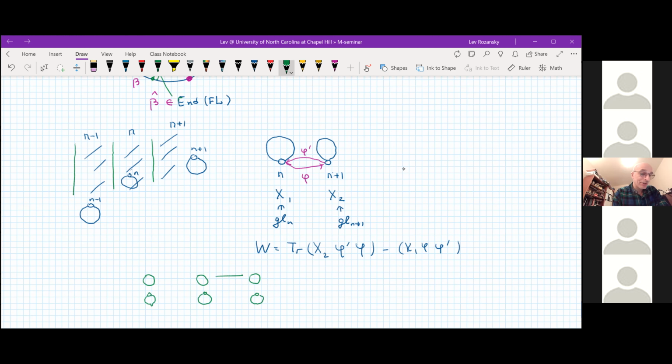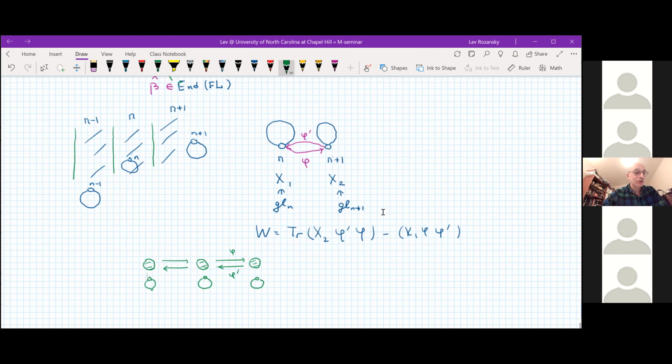And so these are phi arrows. Whereas you see, what does Nakajima do? He does Hamiltonian reduction at every quiver node. We're doing a sort of derived Hamiltonian reduction.